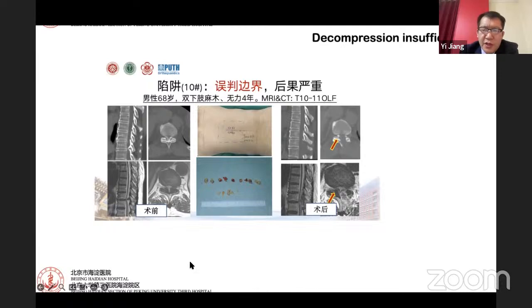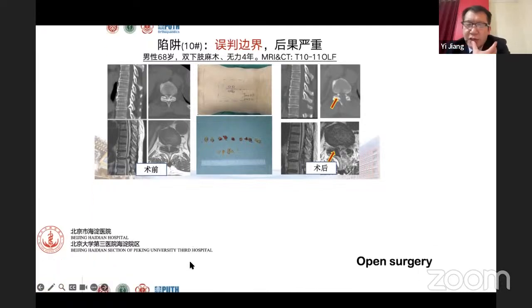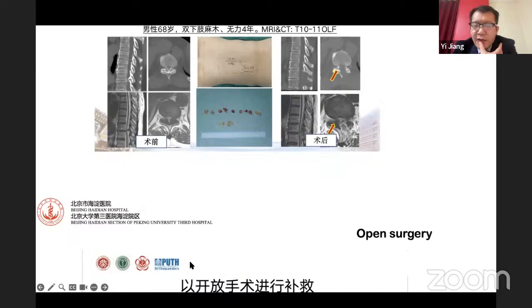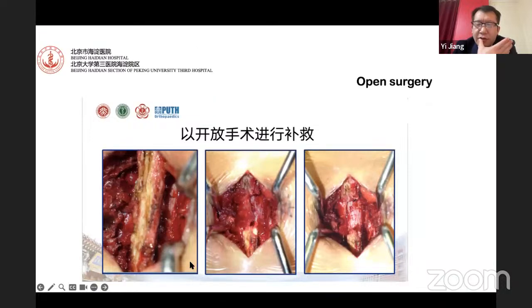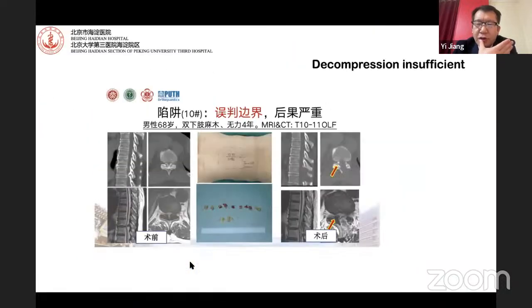We did the decompression with the endoscope, but the first time the contralateral decompression was not good. So when we finished the operation, the patient had no change of symptoms.